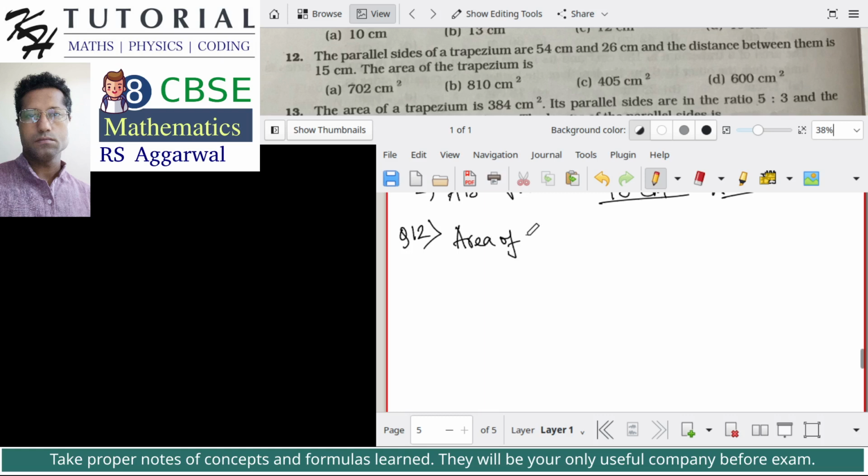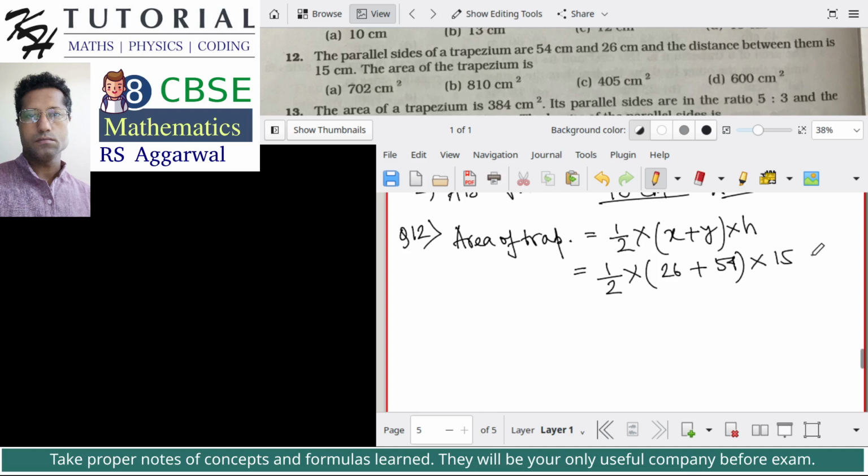Area of trapezium is equal to half multiplied by the sum of the parallel sides, where x and y are the lengths of the parallel sides, multiplied by the altitude of the trapezium, which is the perpendicular distance between the parallel sides. So the lengths of the parallel sides are given as 26 and 54, and the height is given as 15. So the area will be this much centimeter square.